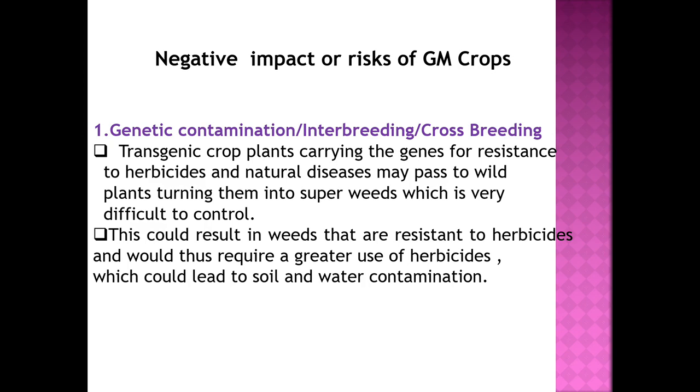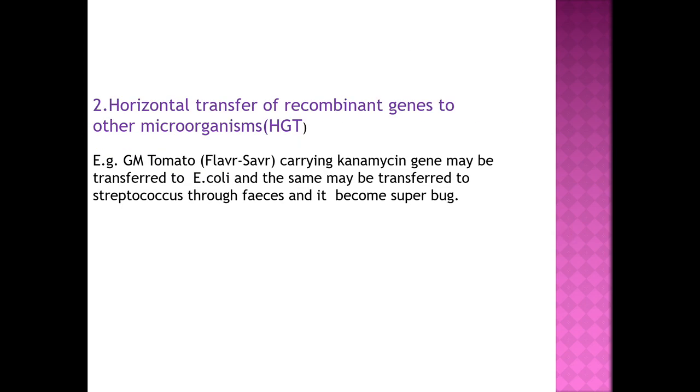And in order to kill the weeds, we need to add more and more of the herbicides or weedicides. The herbicides or weedicides which we usually use are chemicals. So whenever you start using more and more herbicides or weedicides, this may cause soil and water contamination. So these are the negative impacts or the risks of GM crops.